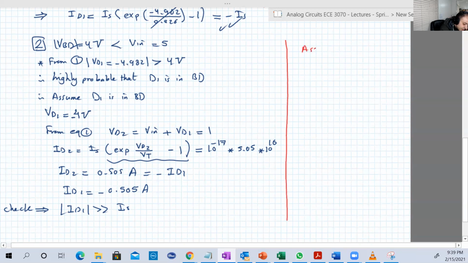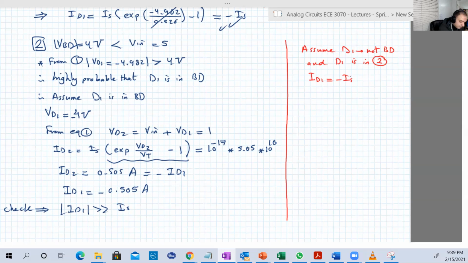Let's assume here that D1 is not in breakdown and D1 is in region 2. So ID1 equals minus IS, and the VD1 should be much greater than VT. Okay. So ID2 will be equal to minus ID1, which will be equal to IS.